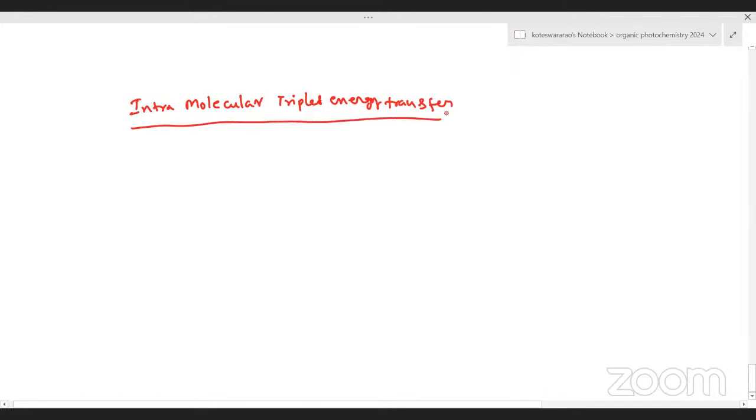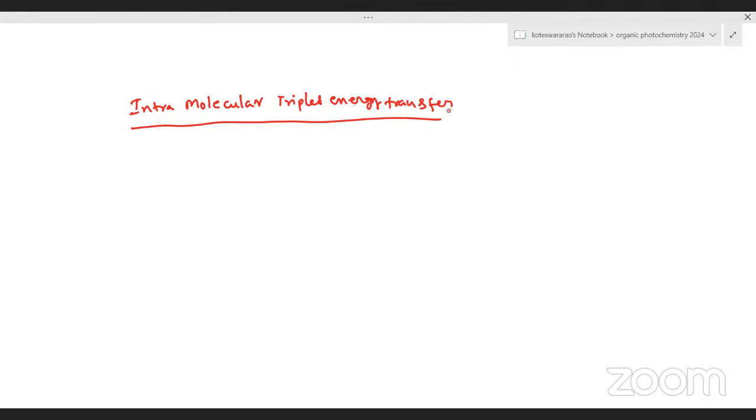The previous one is intermolecular energy transfer. That means two different molecules are undergoing the photosensitization. One in the activated state and one in the ground state collide. That leads to the formation of the excited state of the reactant. That is called intermolecular triplet energy transfer.